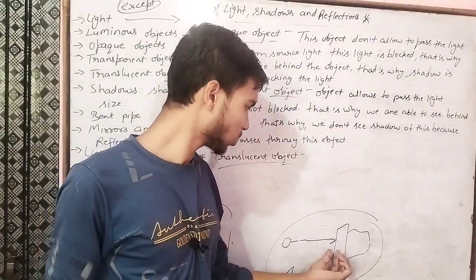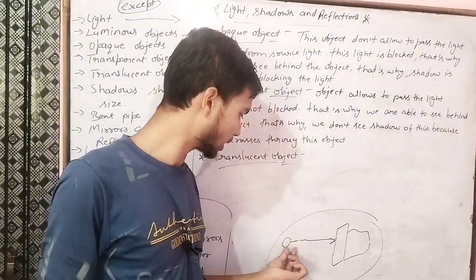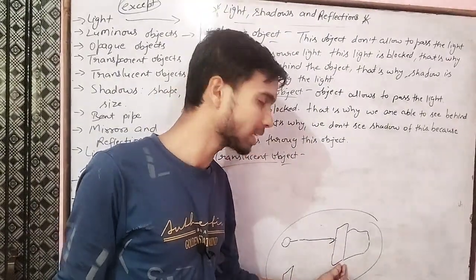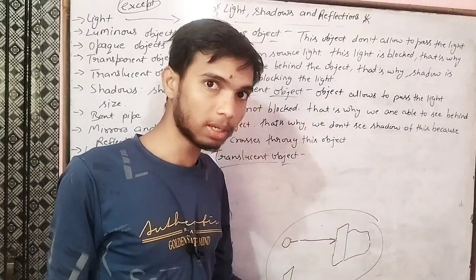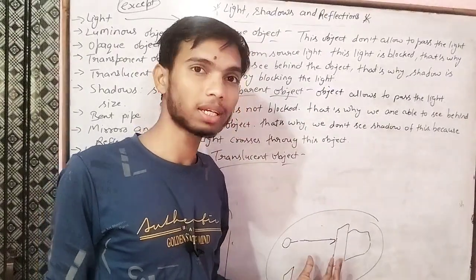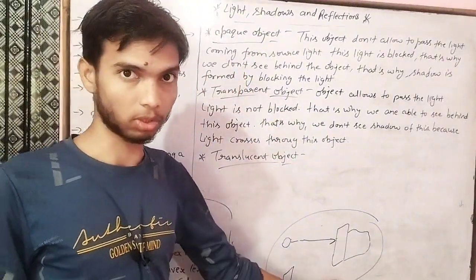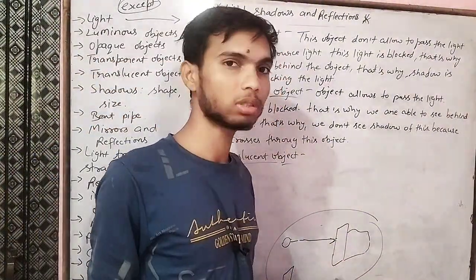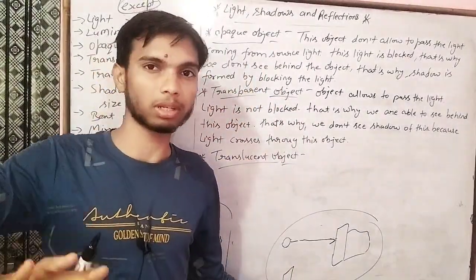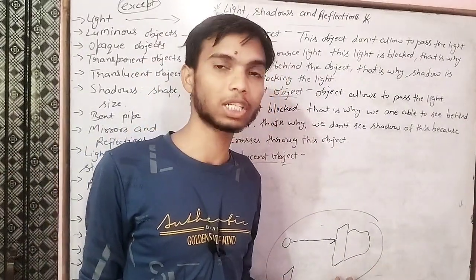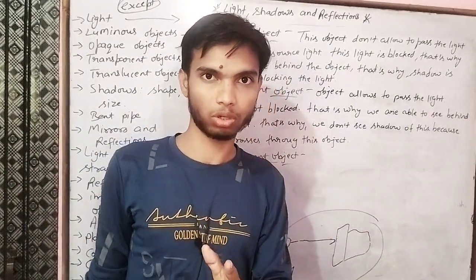Here, some light coming from the source will be blocked by this object, and some light coming from the source will be allowed by this object. So some light will pass through this, but some light will not cross. That's why we see something of a shadow behind this object.